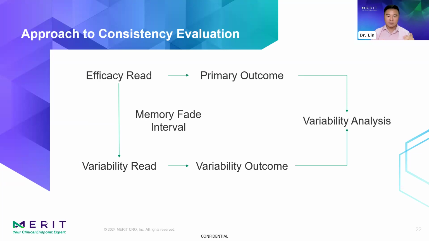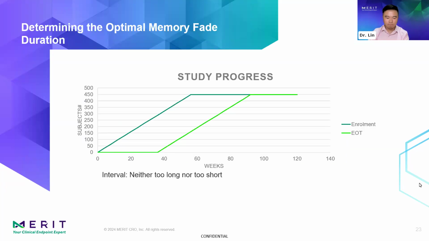Higher consistency means lower variability. Anyway, the primary goal of this stage is to conduct analysis and part of quality control. And throughout my presentation, I may use the term variability read to refer to this process.